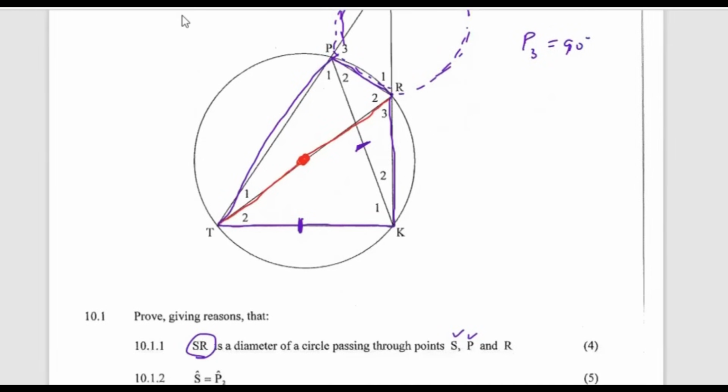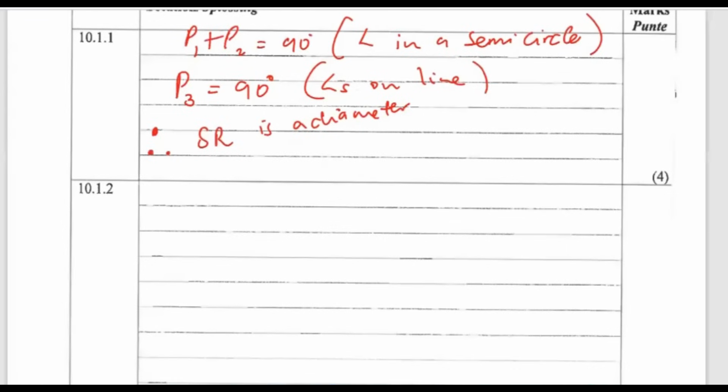Okay, so we proved that that angle is a 90, which means SR is a diameter, and we're going to use the converse of what? The reason is converse of angle in a semicircle.